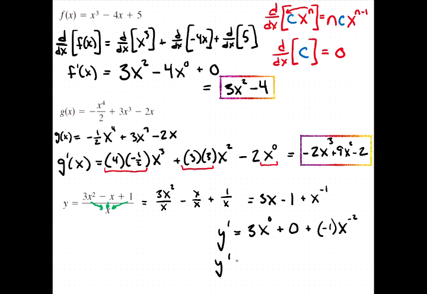So we have y prime, once we simplify, 3 times x to the 0 is 3 times 1, which is 3, plus 0, minus x to the negative 2. And for our final answer, we don't want to leave negative exponents, so we could write x to the negative 2 as 1 over x squared. So that's 3 minus 1 over x squared.